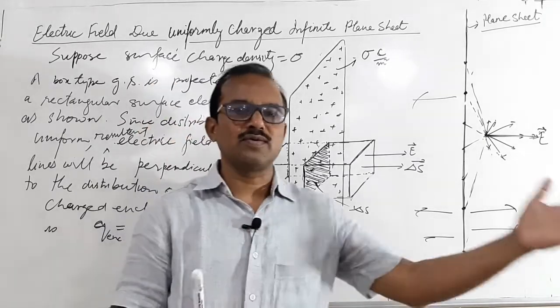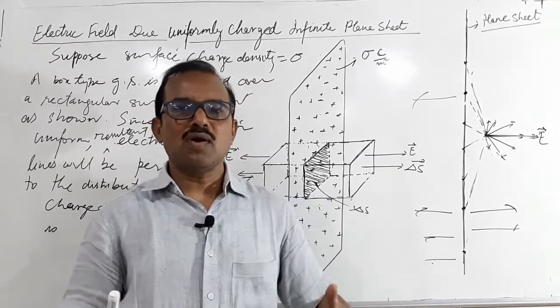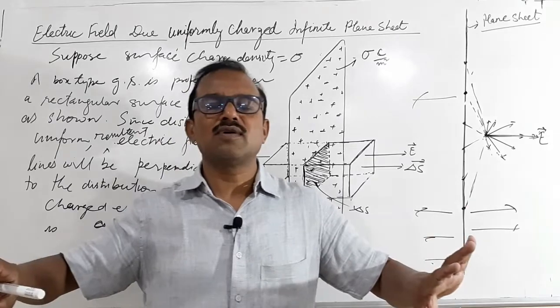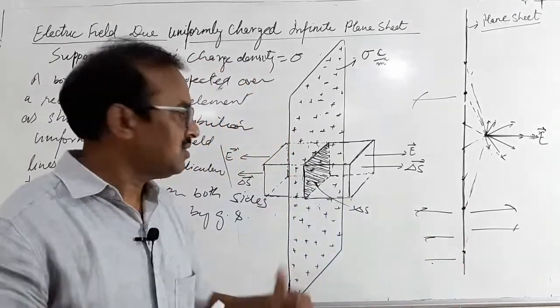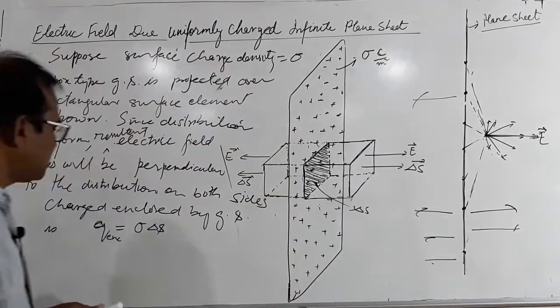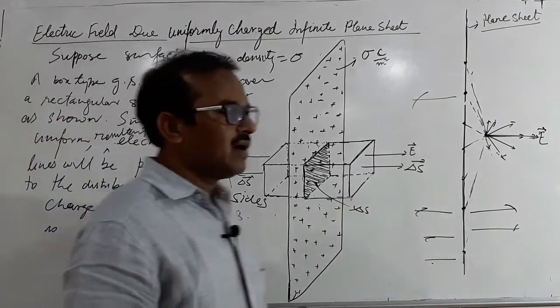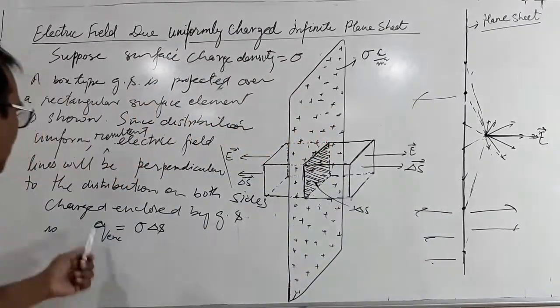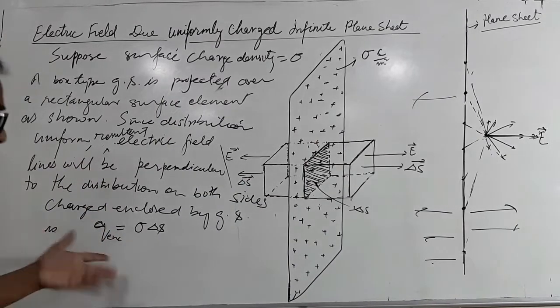So to count flux, we will consider the lines on both sides. The charge is sigma delta S, and the flux according to Gauss law.